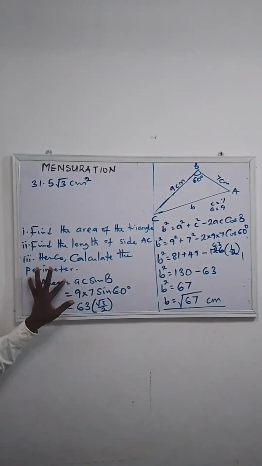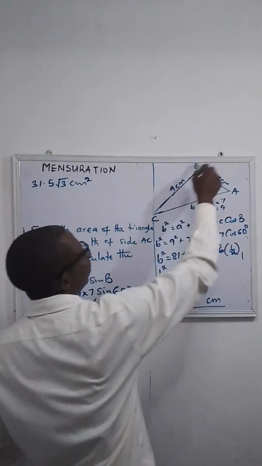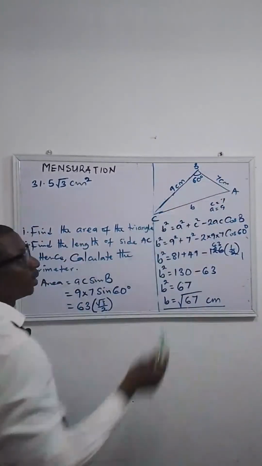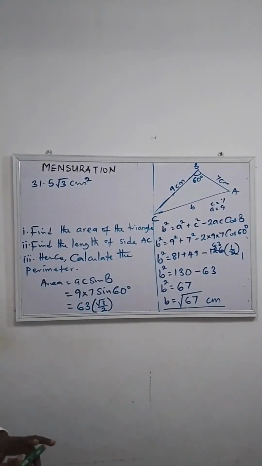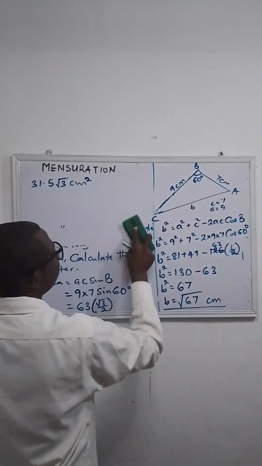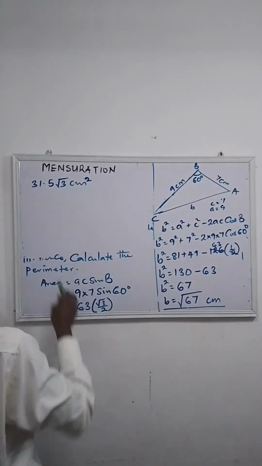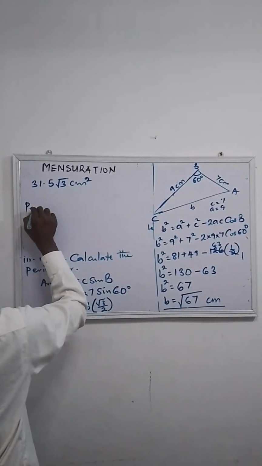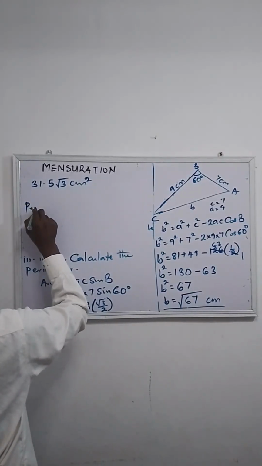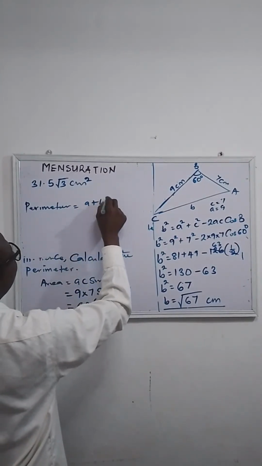If you want to calculate the perimeter of this triangle, that means I need to add all the sides together. So let's do that. All the sides. So perimeter is A plus B plus C.